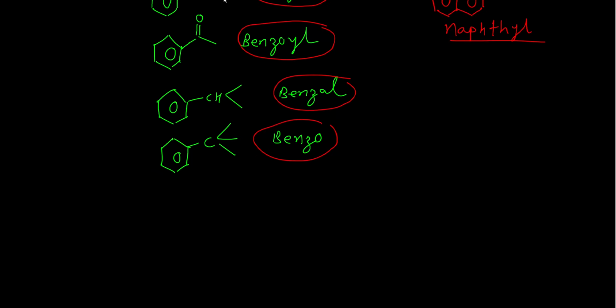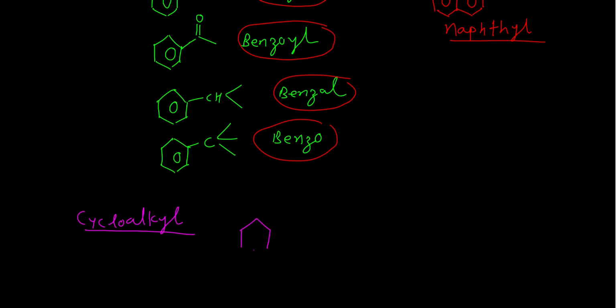Before moving on, I would like to tell you about the substituent groups, sorry, not functional groups, of the cycloalkyl class also. So there can be cycloalkyl substituents. What can the cycloalkyl class of compounds be?